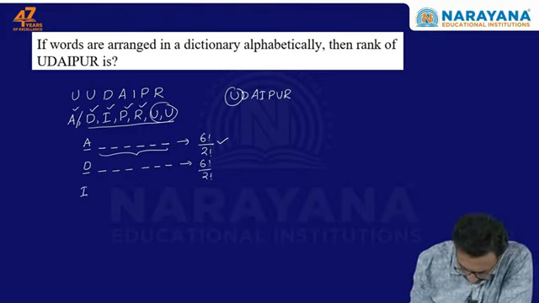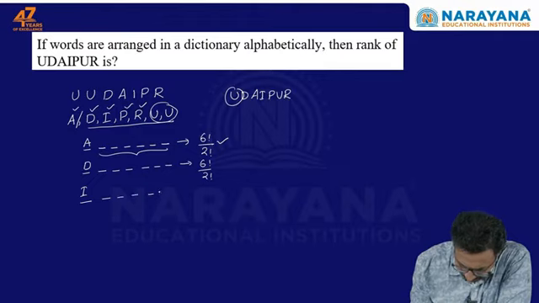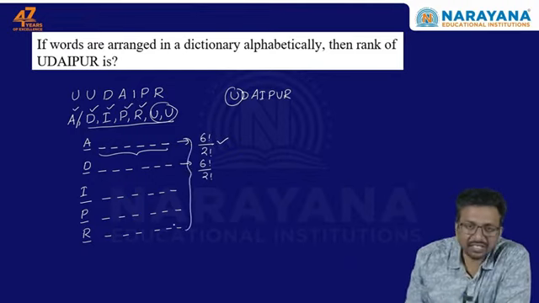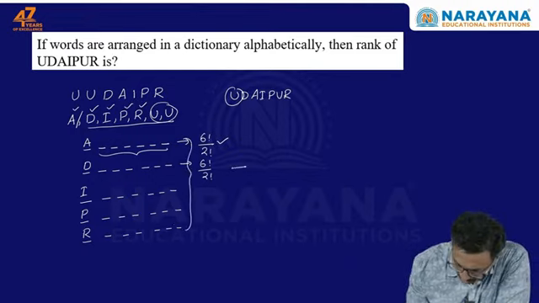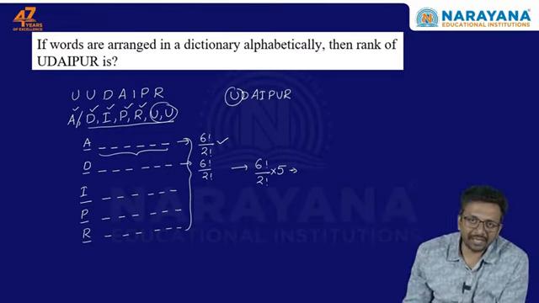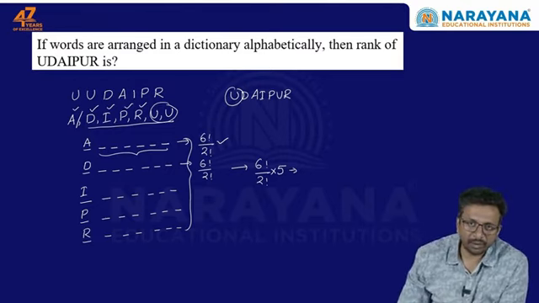Starting with I, starting with P, starting with R, each of them will be 6 factorial by 2 factorial. So all this is 6 factorial by 2 factorial into 5. These many words will be completed before the first word starting with U.